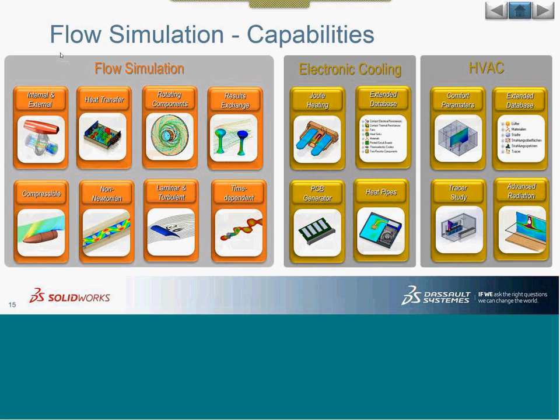This is a broader perspective, but specifically we have many different things, like understanding pressures, velocities, temperature variations, density variations, and the forces that a liquid or a gas puts on a solid geometry.